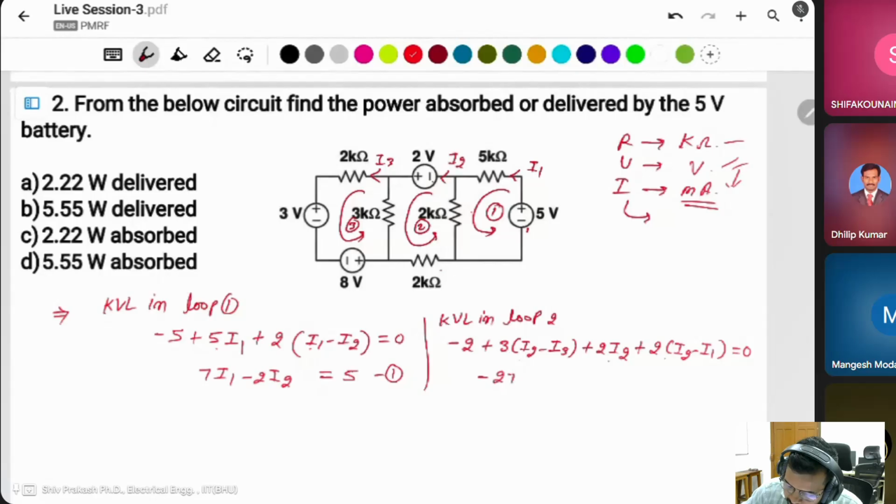So minus 2 I1 plus 7 I2 minus 3 I3 is equal to 2. Equation number 2.